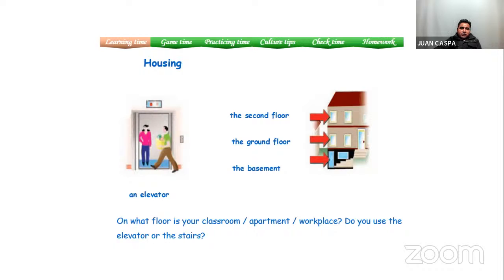Yeah, of course, but no, in the past when you were studying at the university, classroom is in the second floor.